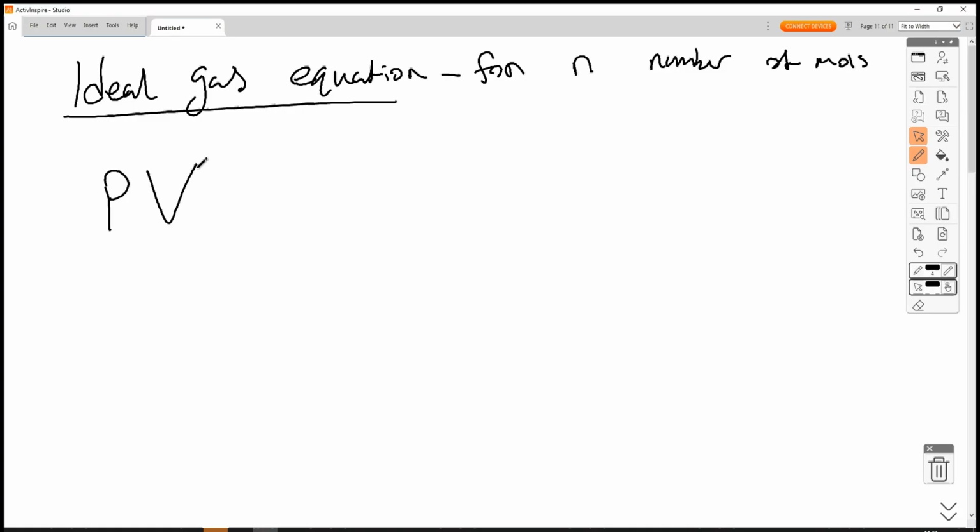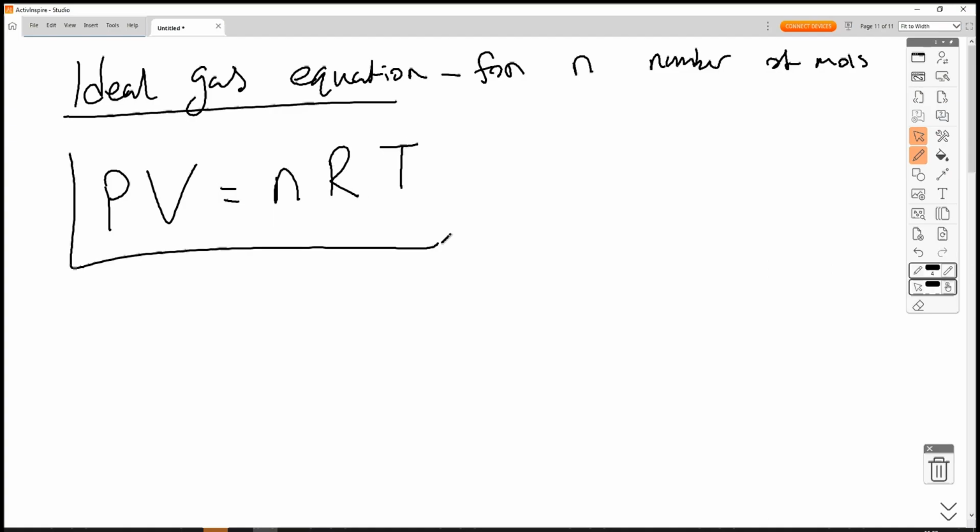Now, if you remember from part 1 of 6.2.2, we did PV equals some constant multiplied by temperature. That constant is equal to nR.